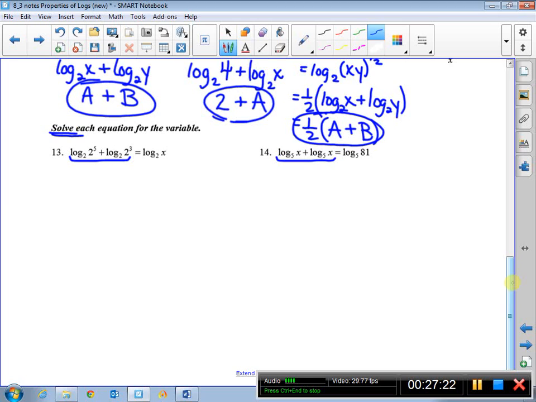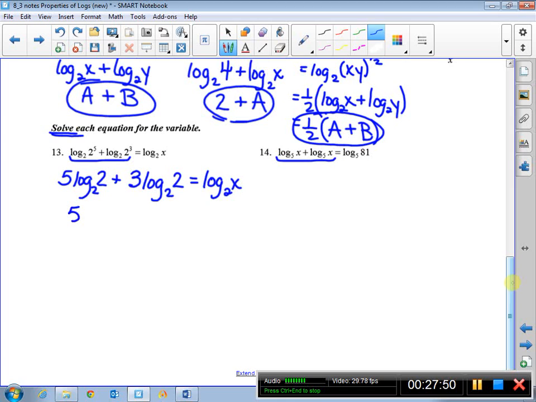I'm going to follow a property and take the 5 out front. 5 log base 2 of 2 plus, and I'm going to take that 3 exponent out front, 3 log base 2 of 2. So the property I used to help me simplify this was that power rule.